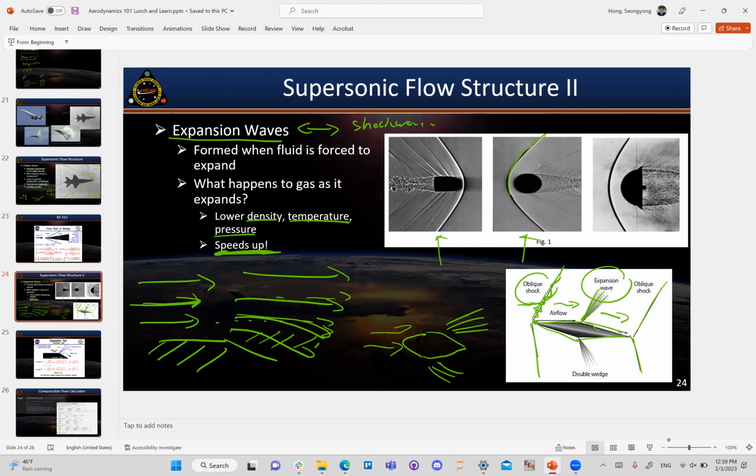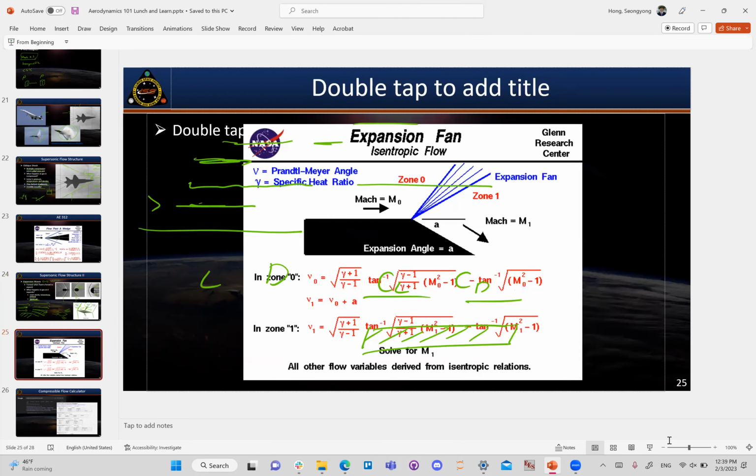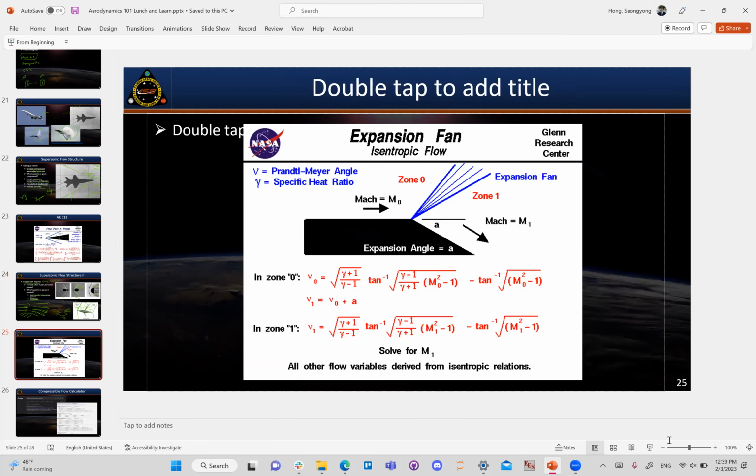This is a bow shock, a type of shock wave. And then what you see here, I think those are expansion waves. The air is forced to expand here. And these are the equations that govern that flow.